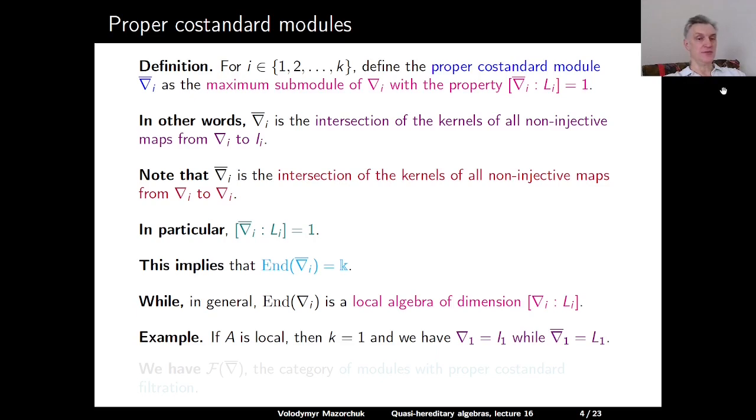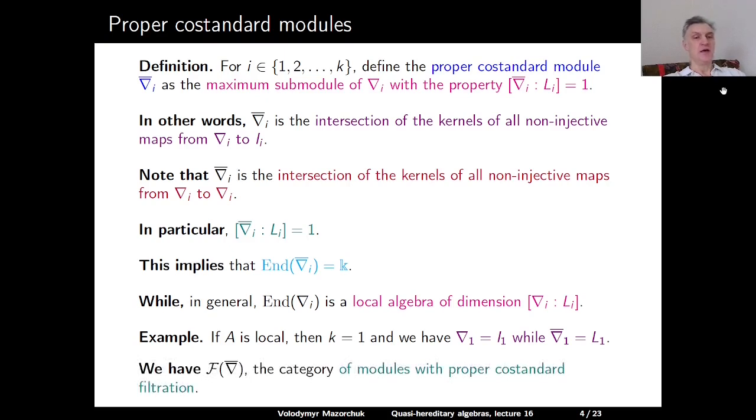And as an example, if A is local, then k is equal to 1, then the costandard module ∇1 is just the indecomposable injective I1, while the proper costandard module ∇̄1 is the simple socle of I1, so it's the simple module L1.